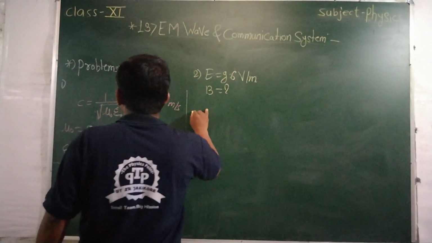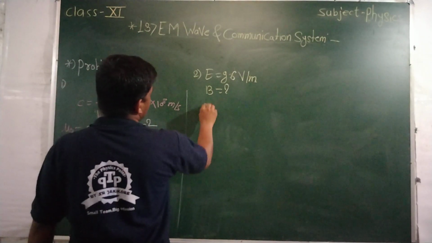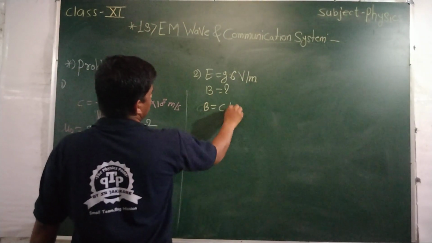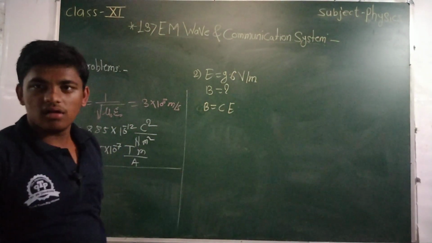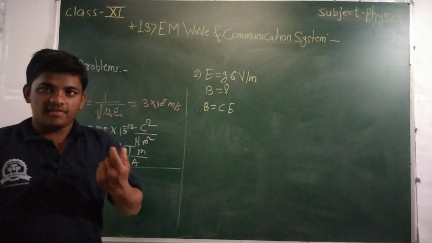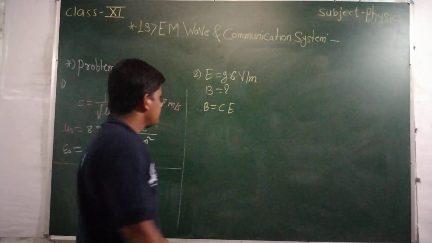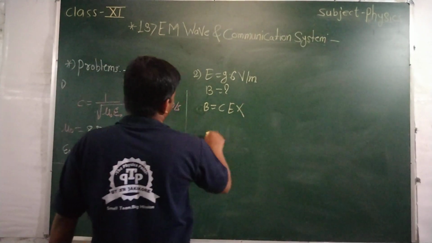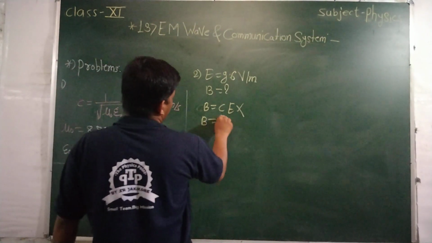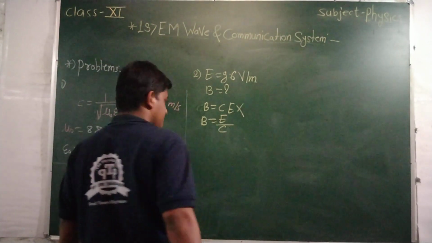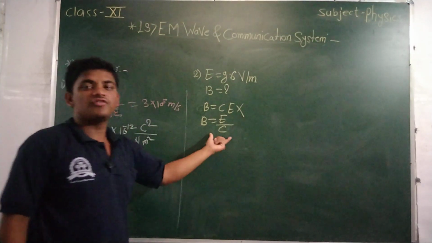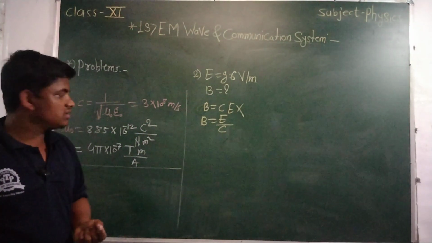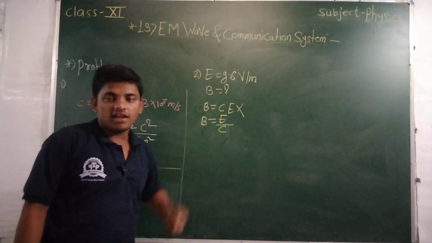We know one of the relations: B is equal to C into E. Is this right? No, this is wrong. B is equal to E upon C, where C is the speed of light, and B and E are the magnetic field and electric field.